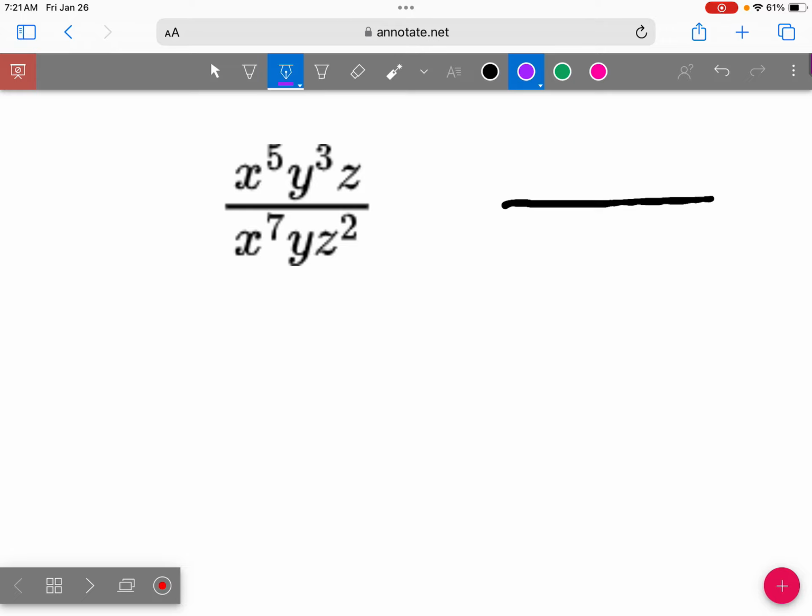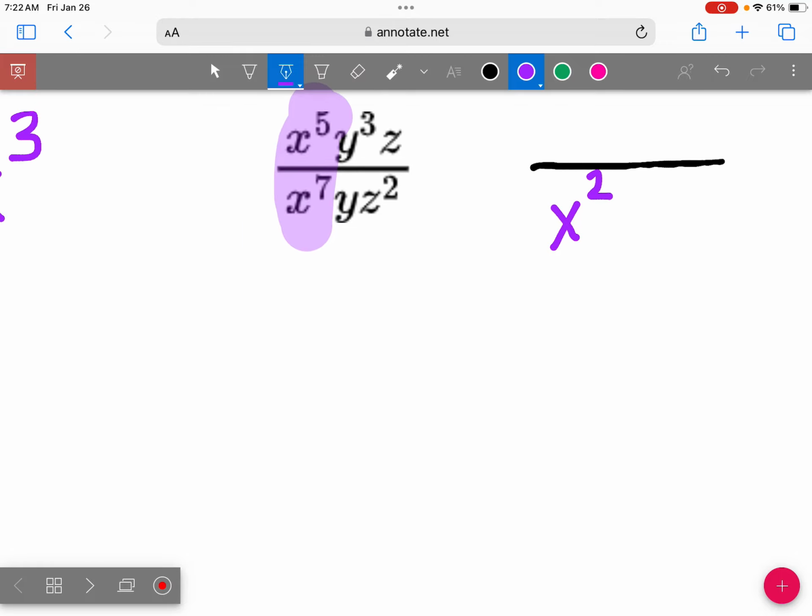So with my x's, what exponent are we going to have? If we just look at the x terms. Two. And is it going to be in the numerator or in the denominator? The denominator. So we have x squared in the bottom.